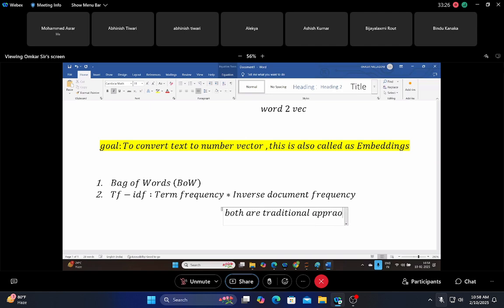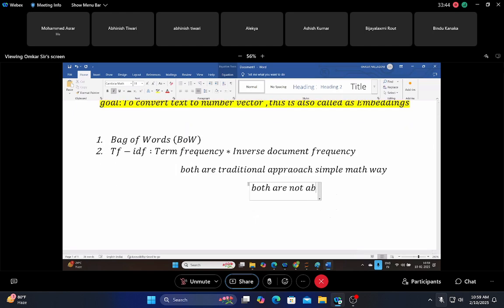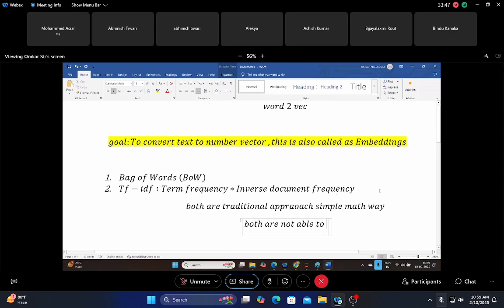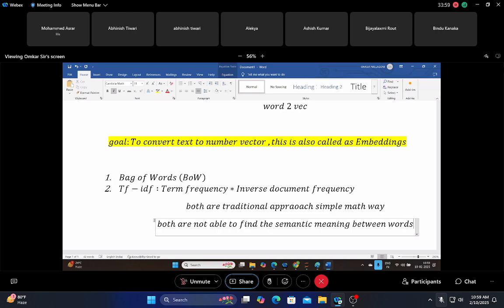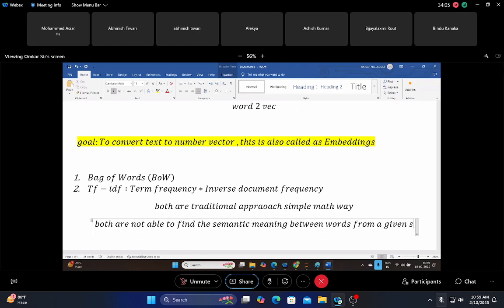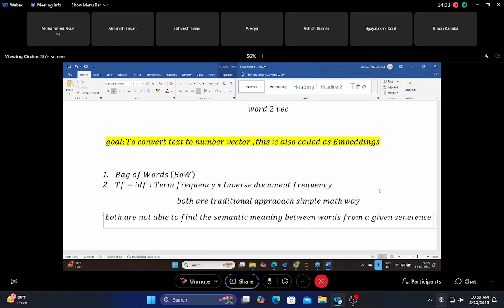Traditional approach means a simple mathematics way, simple math way, and both are not able to find the semantic meaning between words from a given sentence. Note it down.